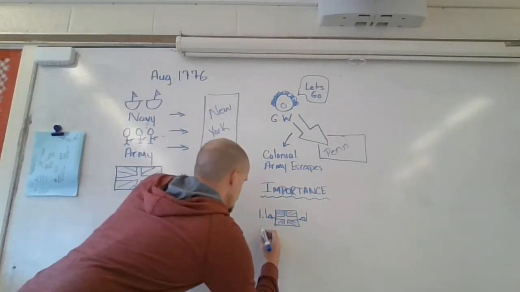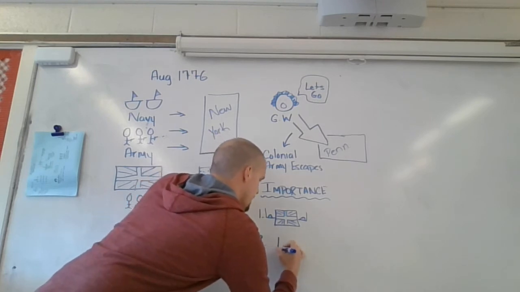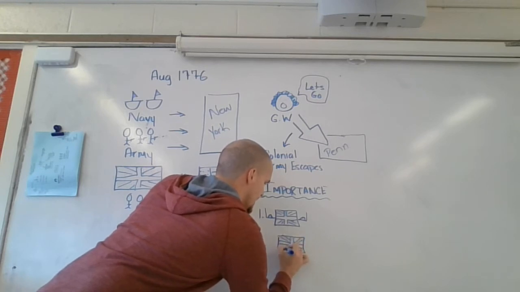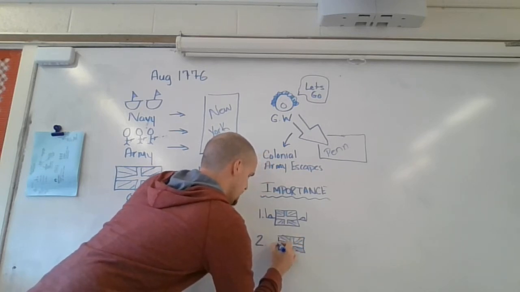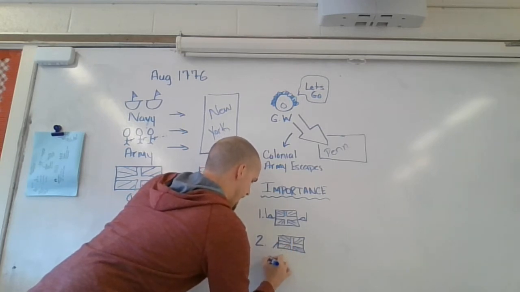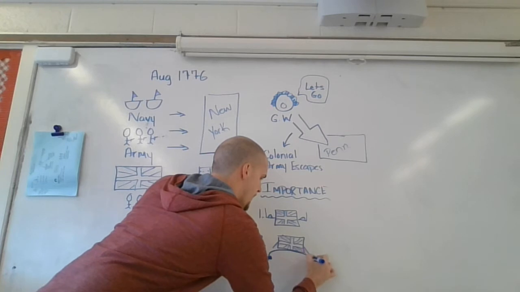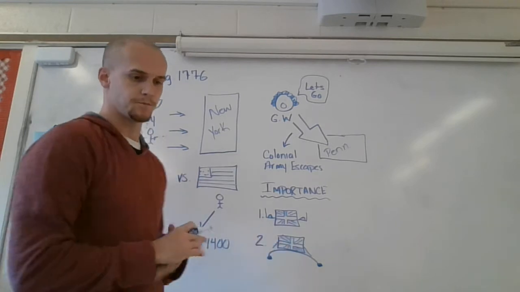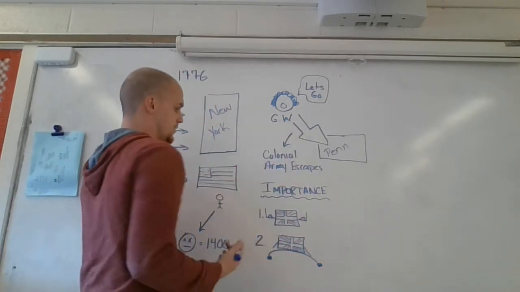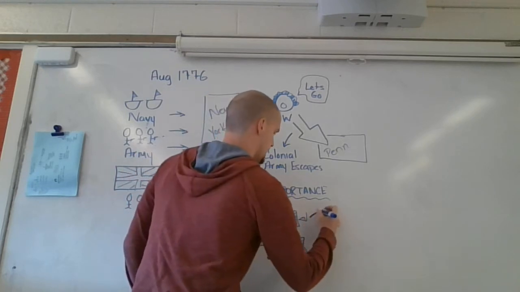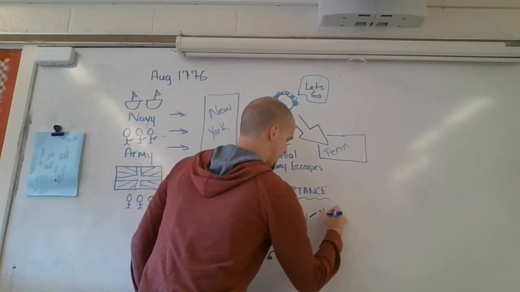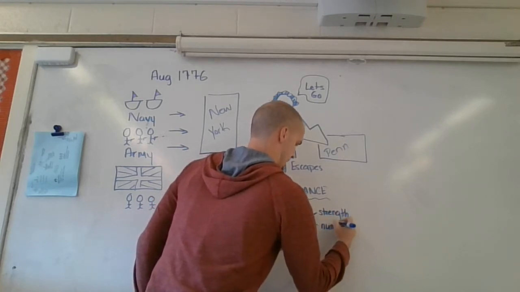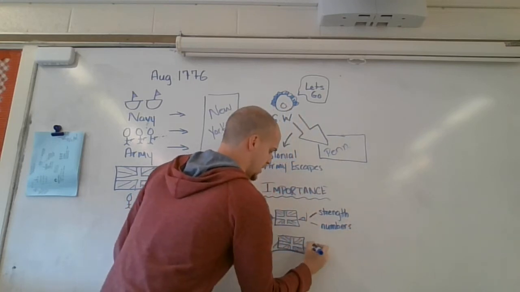But despite that, the weakness of the British leadership is weak because they allow the colonial army to escape. So they're stronger in numbers, but they were weaker in decision making.